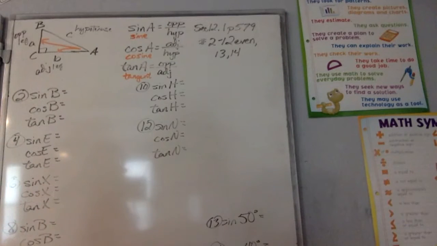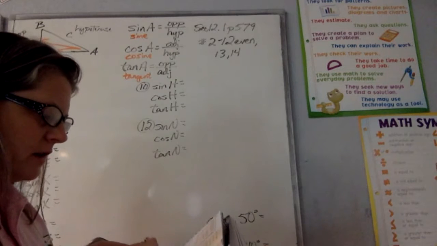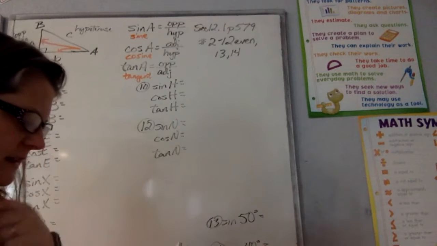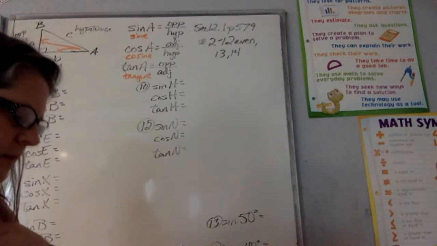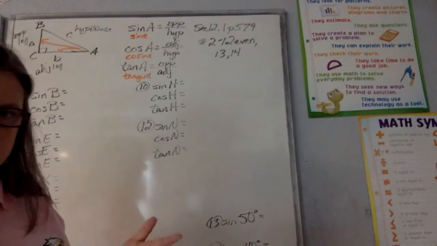Now, for 2, 4, and 6, you have these triangles here in the book, and you'll notice all of the sides of each triangle are labeled. It says, state the exact value of each trigonometric ratio for the given angle in the right triangle. When it says exact value, that means you're going to have it as a fraction.